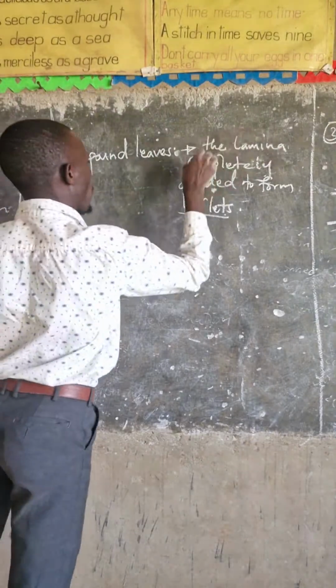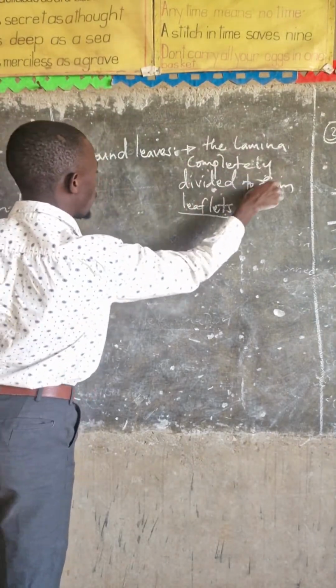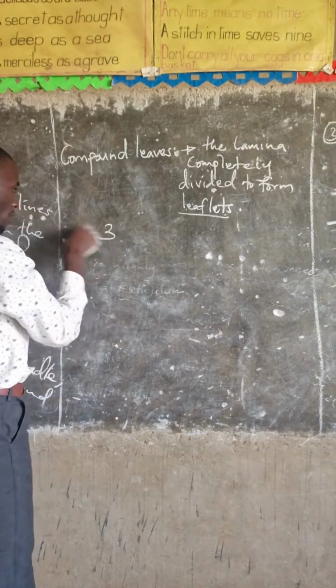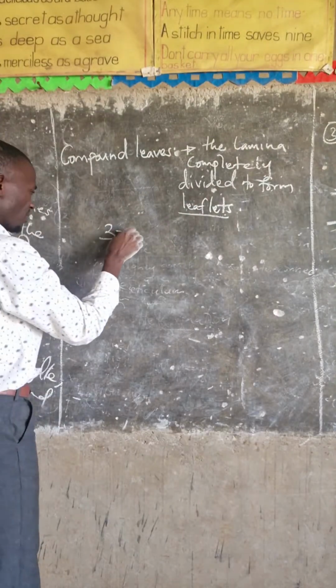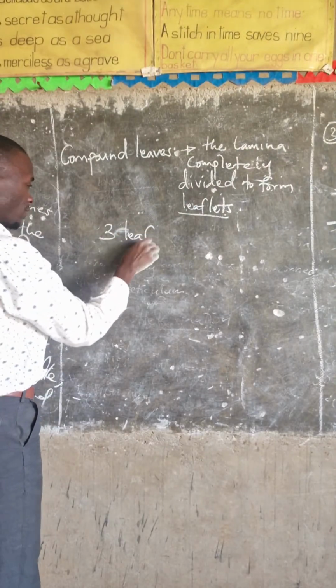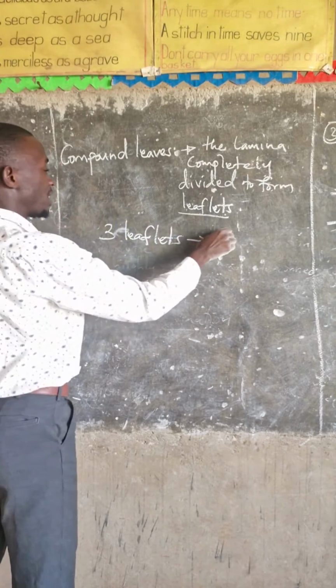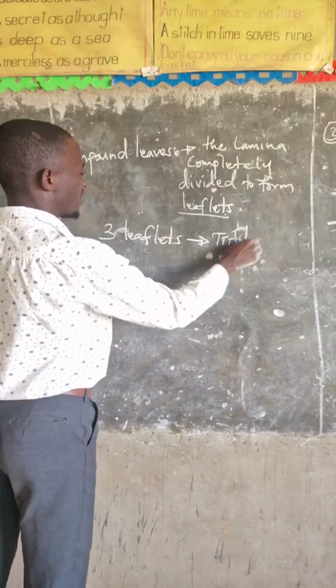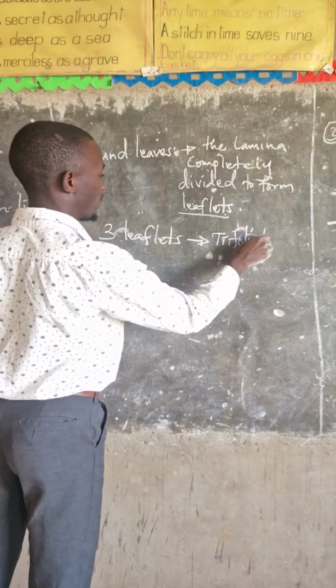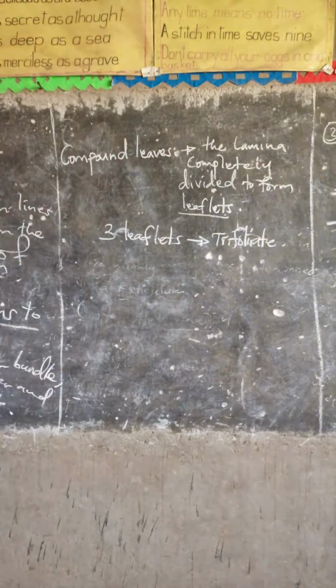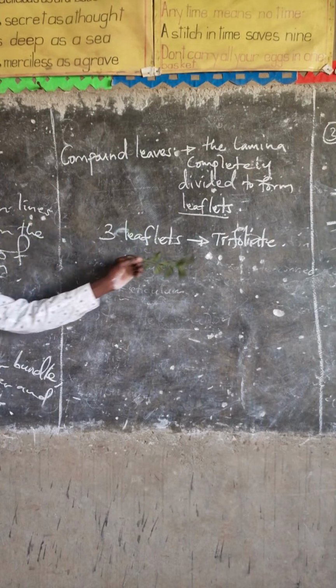If the lamina is completely divided to form 3 leaflets, this is called a trifoliate leaf.